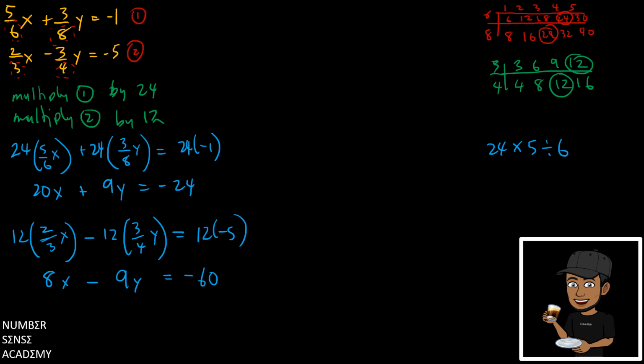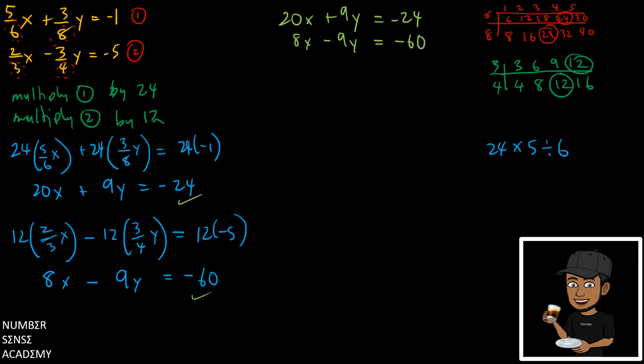And you know what? This equation kind of worked out for us nicely. So I'm going to write our new equations up top and then label them. So I have 20x plus 9y equals negative 24. And then I have 8x minus 9y equals negative 60.